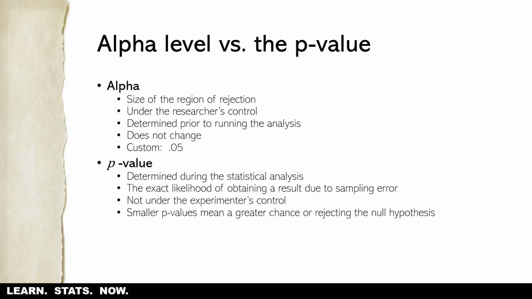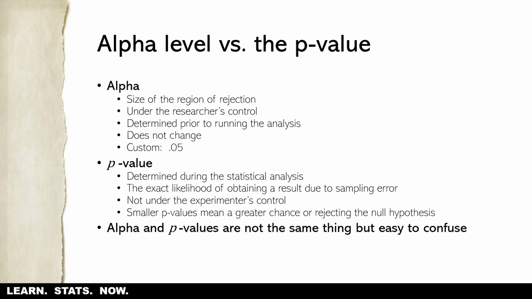But most importantly, it's not under the experimenter's control like the alpha level is. The alpha level is something we set prior to running our analysis. But the p-value is something that we discover once we run our analyses. And again, like I said, smaller p-values mean a greater chance of rejecting the null hypothesis. So alpha level and p-values, they're not the same thing, but they're easy to confuse.